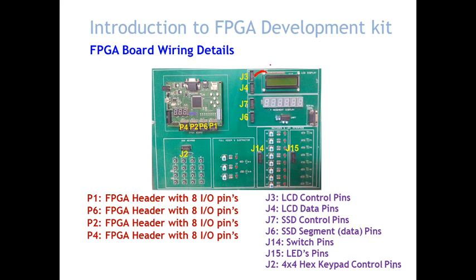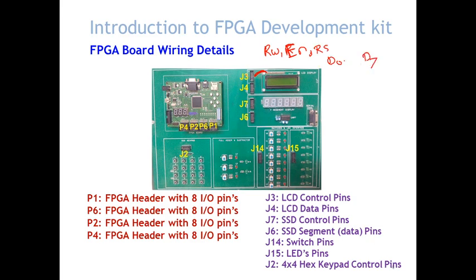To drive any LCD, we need a read write signal, an enable signal, and the RS signal. As well, it has 8 data lines, D0 to D7.